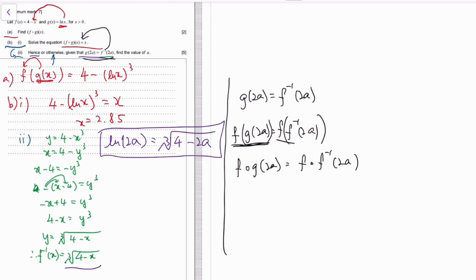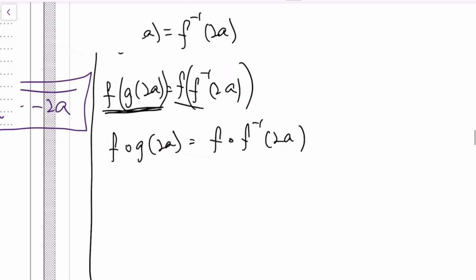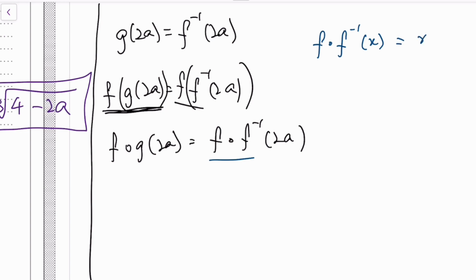Now, if you know the definition of inverse function, you will know that f(f inverse(x)) is just x. And similarly, the other way around is the same. So the upshot is basically the function and its inverse cancel each other out.